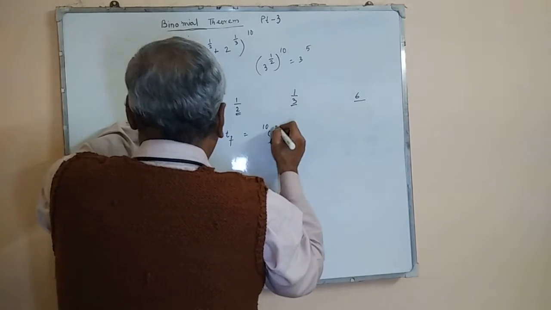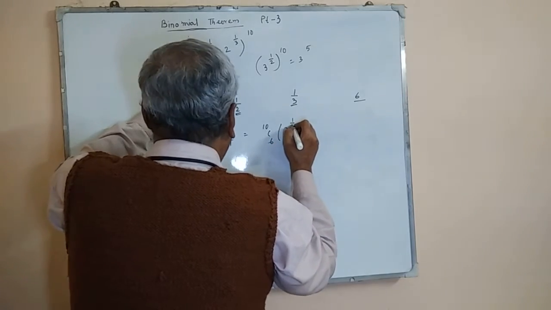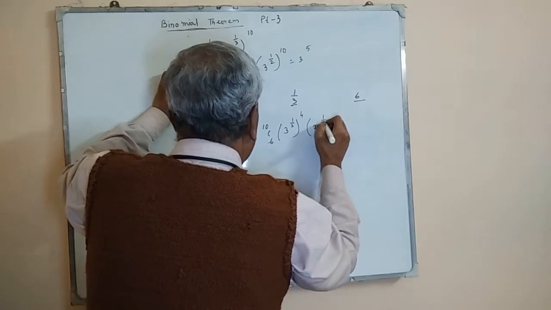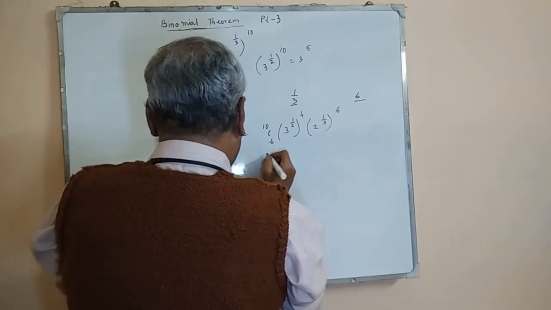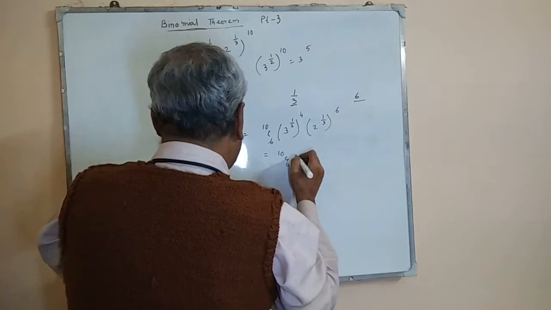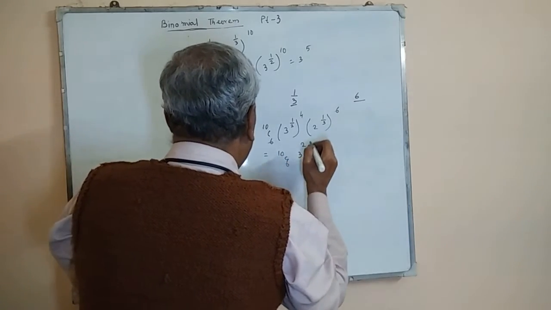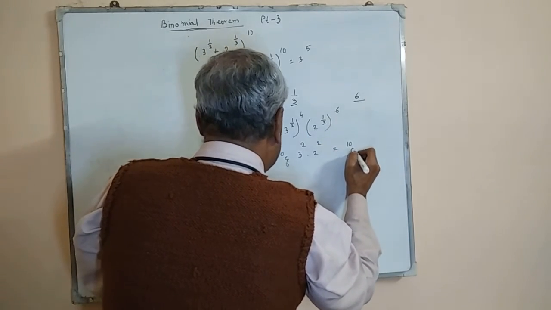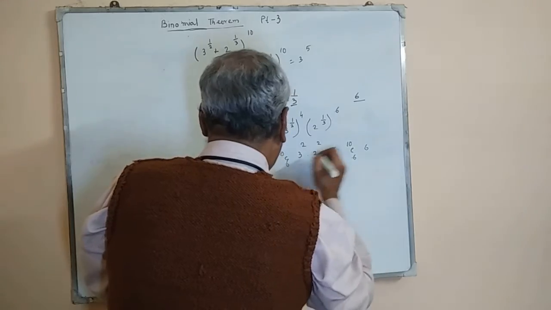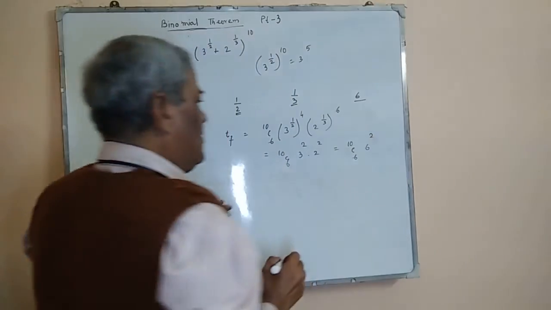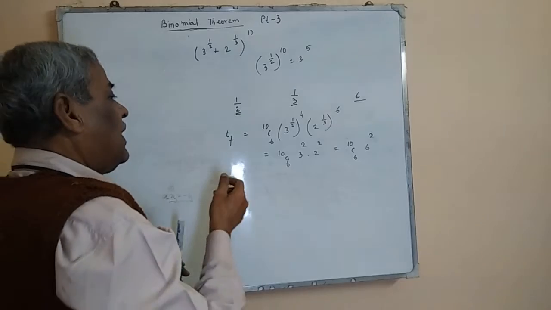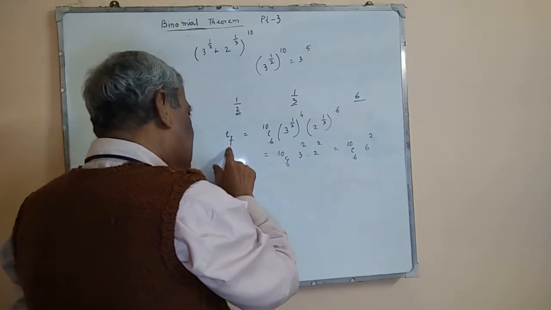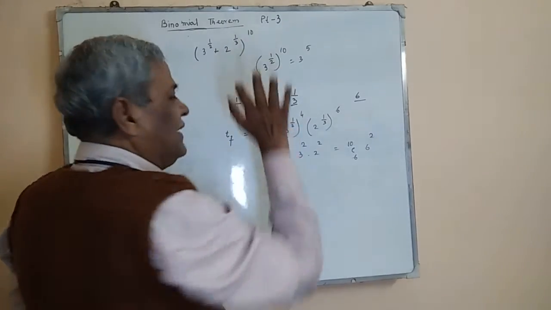That is 10C6 into (3^(1/2))^4 into (2^(1/3))^6. It is actually 10C6 into 3^2 into 2^2, that is 10C6 into 6^2, 36. The next term which will contain integers is 7 plus 6, that is the 13th term, but it has only 11 terms.